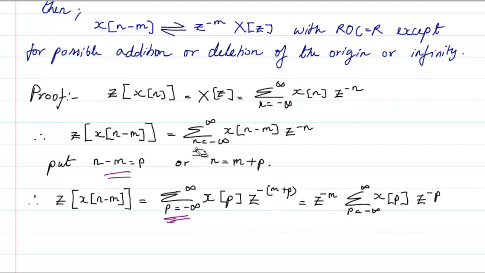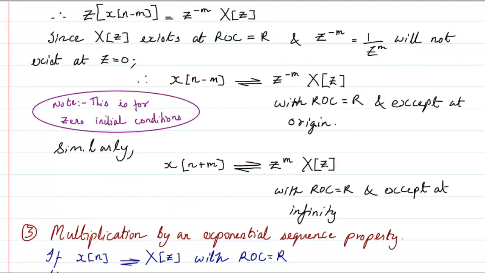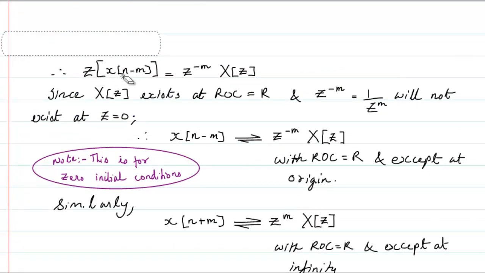So in conclusion I can write that the z transform of x of n minus m is z raised to power minus m into X of z. And where will this new X of z exist? See, we already know that X of z has some region of convergence R.